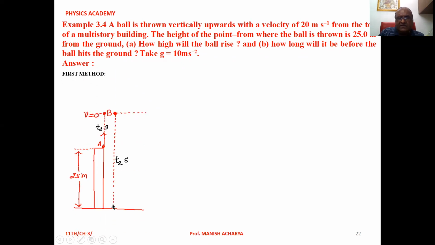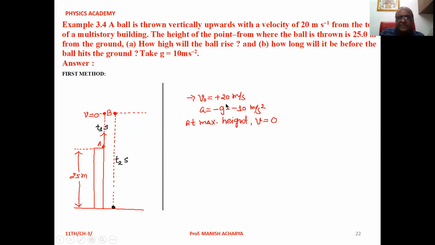See, this is your multi-story building with height 25 meters, and from the top of it, say that is the position A, the ball is thrown with initial velocity 20 meters per second.